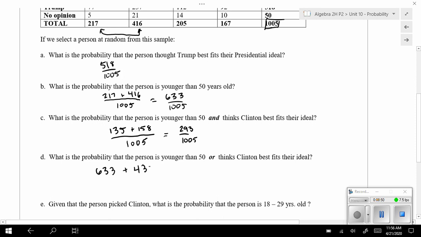So again, if I add these two together, I'm going to have an issue because I just double counted the 293 people that fit both categories. So I have to subtract away 293. And again, this is all out of 1,005. So when we do that, we get 777 out of 1,005.